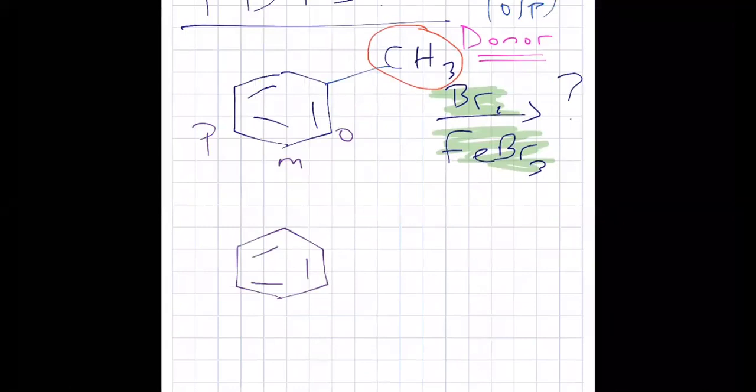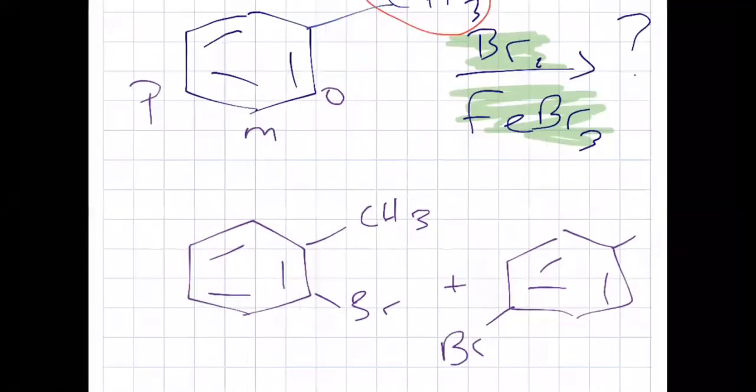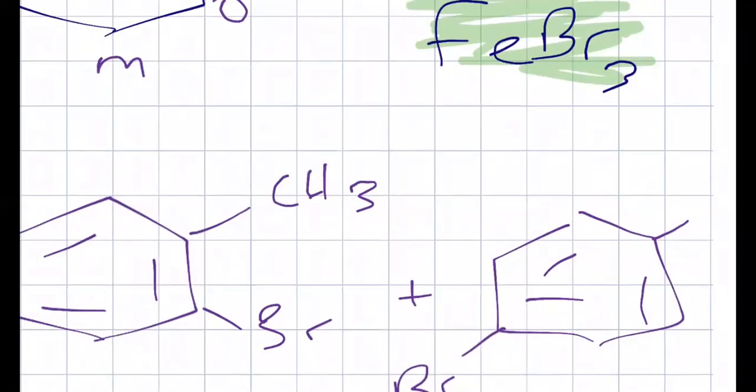Uh-oh, sorry about that. So it's here. And the other one is going to be the para product. Like that, right? And we're applying the same logic. Which one is going to be favored? What do you think? Para, right?